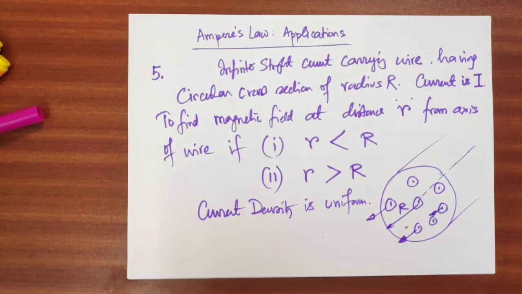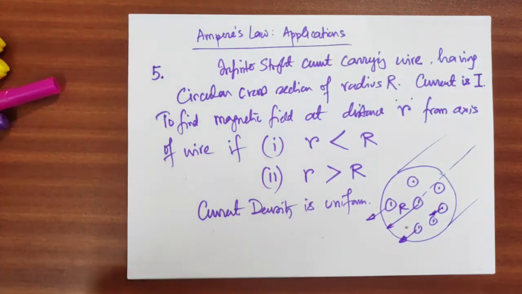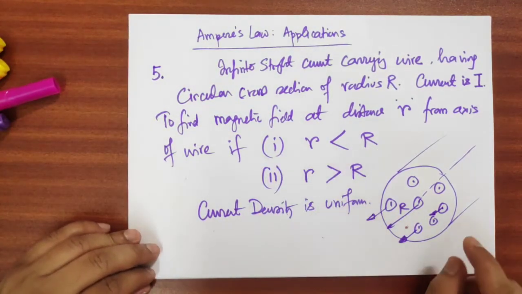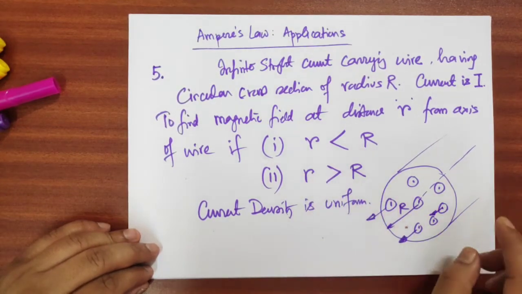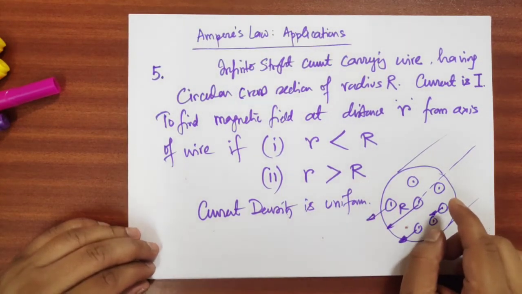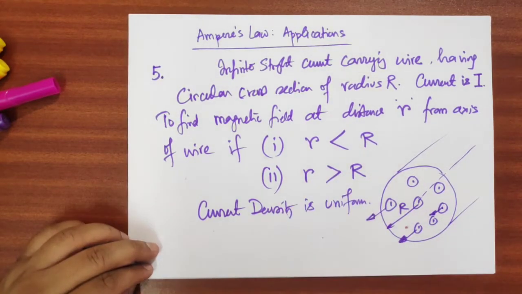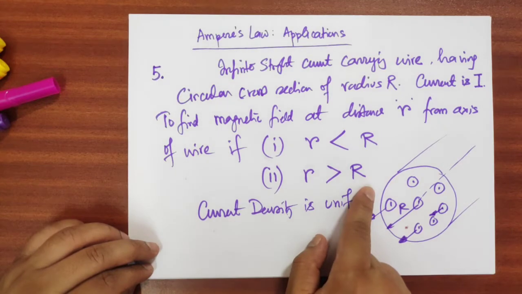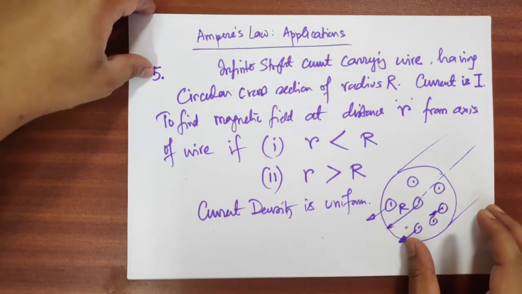We have to find the magnetic field at a distance r from the axis. That means we have two cases. Case 1, small r less than capital R, means we have to find the magnetic field inside the wire. And case 2, small r greater than capital R, means you have to find the magnetic field outside the current carrying wire.